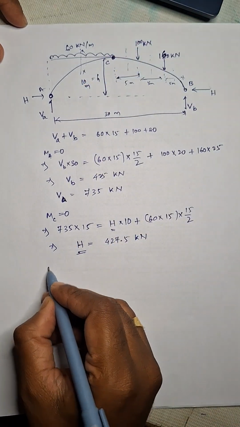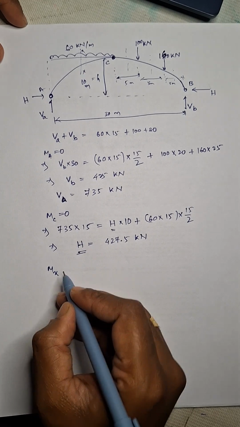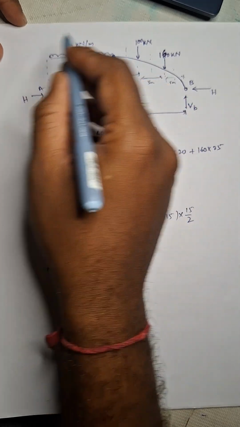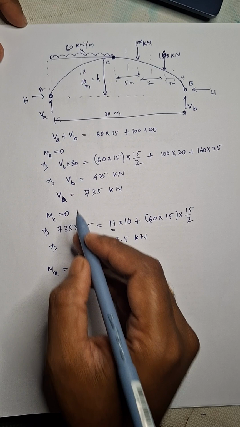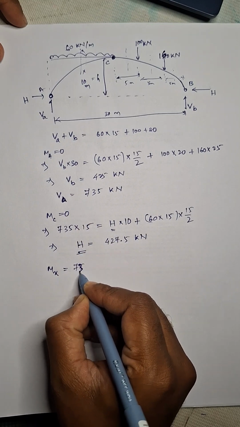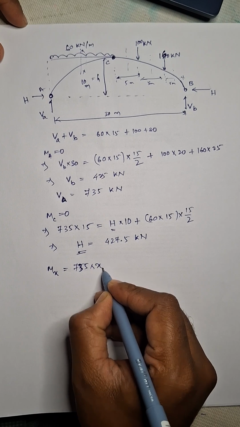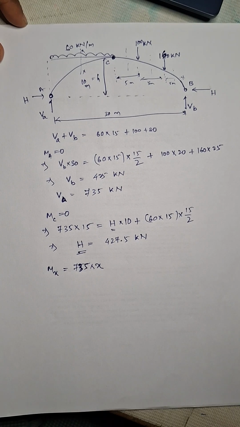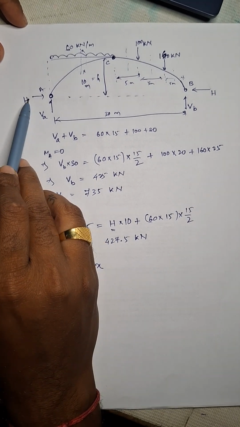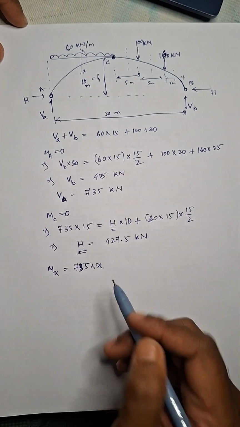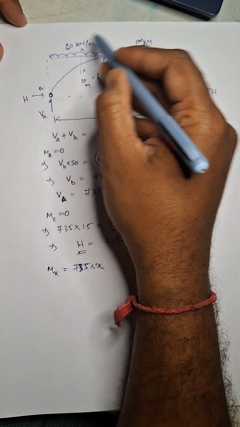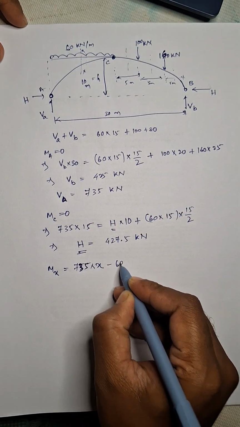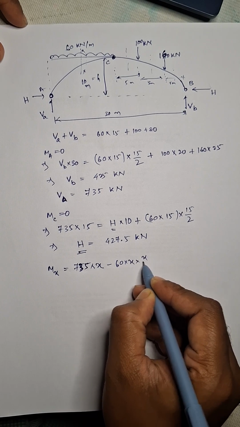If I find the moment at cross section X between A and C, considering the left side, what will be the moment? Due to Va there will be a clockwise moment, so Va is 735, into the distance X, so 735 into X. Due to the 60 kN per meter load there will be an anti-clockwise moment, so minus 60 into X by 2.